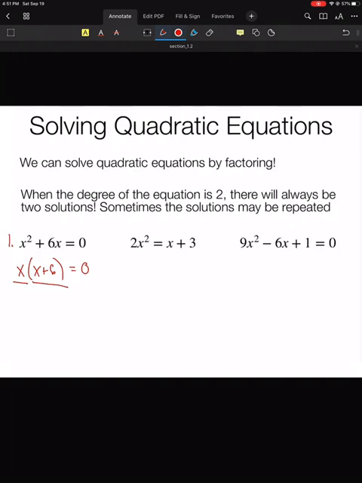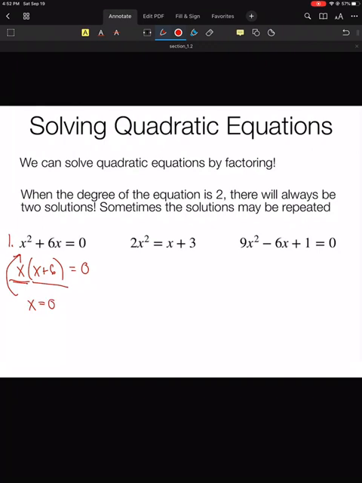Okay? So that's how I can get my 2 equations, because I know that 0 times anything is 0. When I have a product of these 2 things, if one of them is 0, then the whole thing is 0. So the first solution is when that first thing here, which is just x, is equal to 0. That's one solution, and you can easily plug that back into the equation to see if it is actually a solution. 0 squared is 0 plus 0 times 6, which is 0, so everything's 0.